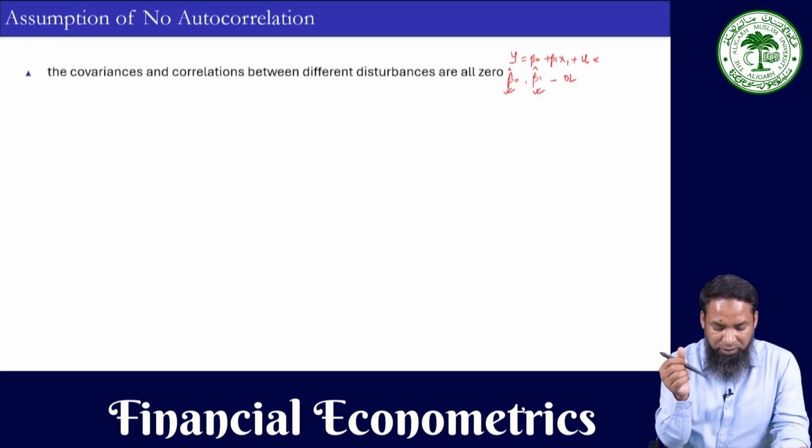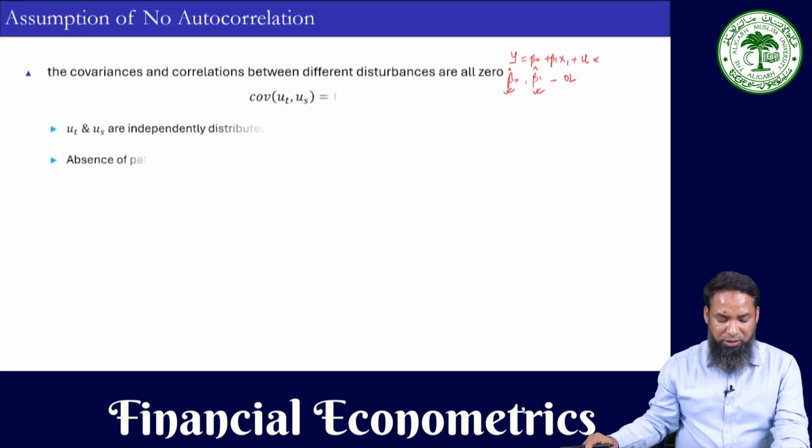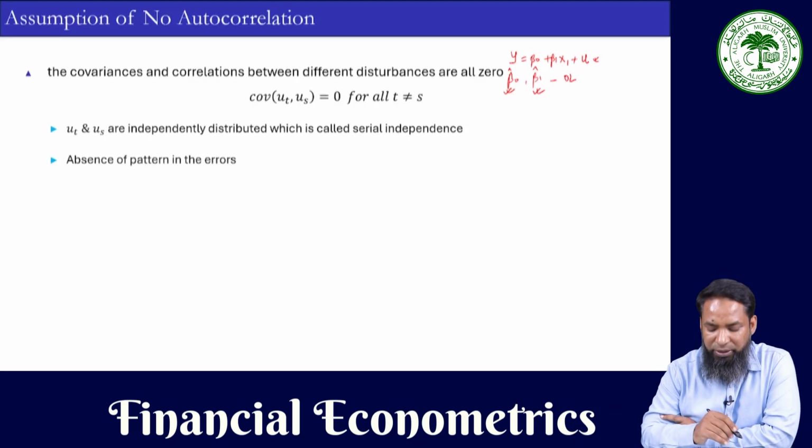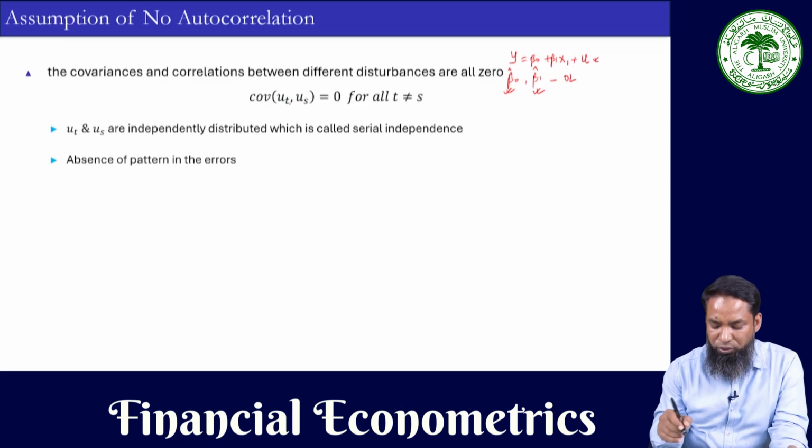Basically, when we say assumption of no autocorrelation, we mean that the covariances and the correlation between the different error terms or disturbances are all zero, which we mathematically write as the covariance of ut and us is equal to 0 when t is not equal to s.